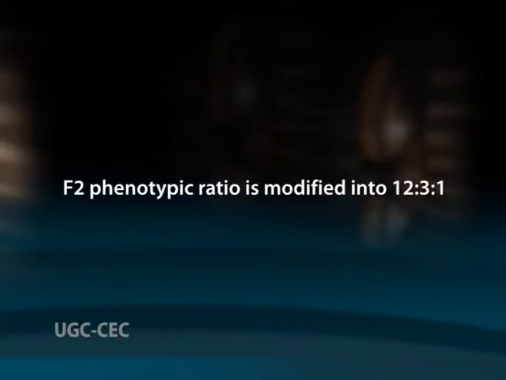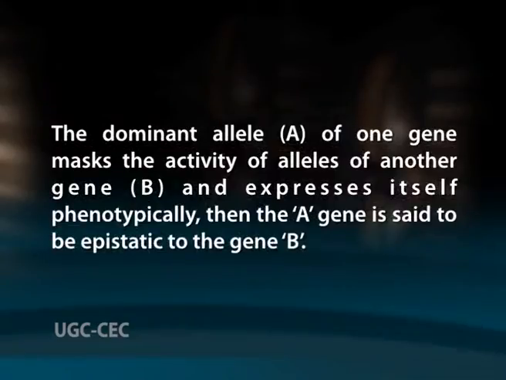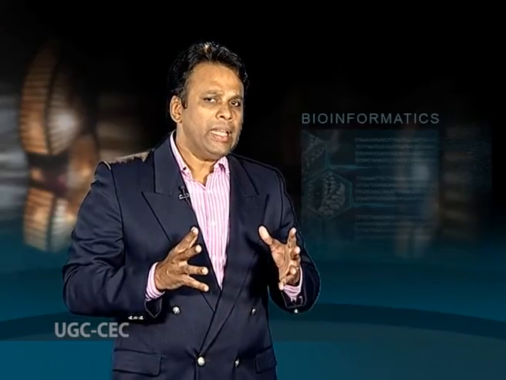The F2 phenotypic ratio is modified into 12:3:1. For instance, the dominant allele capital A of one gene masks the activity of alleles of another gene capital B and expresses itself phenotypically, then the A gene is said to be epistatic to the gene capital B. That means, the dominant allele capital A can express itself only in the presence of either capital B or small b allele.